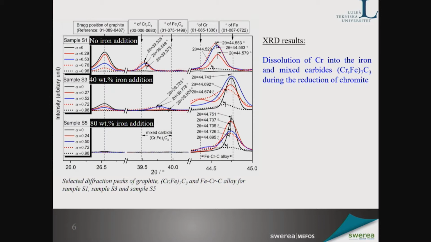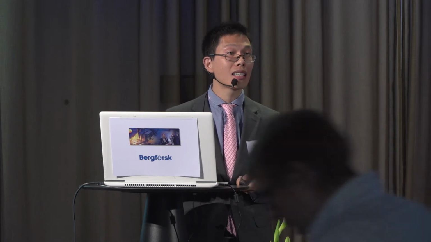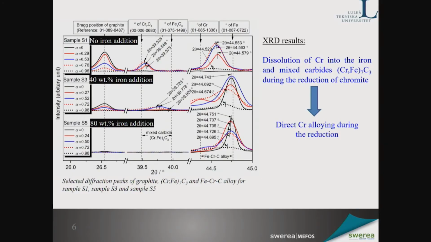This indicates the dissolution of the chromium into the iron and also the mixed carbides during the reduction process. And this indicates that during the reduction, the chromium was directly dissolved in the added iron. In other words, we can say that the iron was directly alloyed with the chromium from the chromite ore.